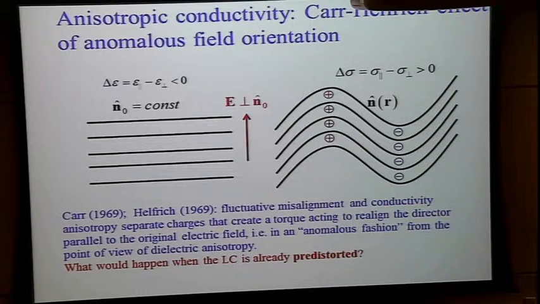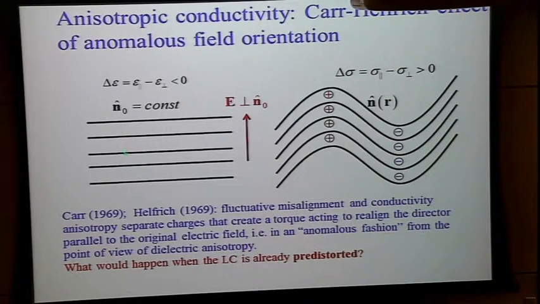Because when delta epsilon is negative, the preferred orientation of the director is perpendicular to the field. But people did observe realignment, and it was very puzzling for a few years. But then first Carr, and then Helfrich, Wolfgang Helfrich, who is well known for the theory of membranes and many other things, came up with the solution.